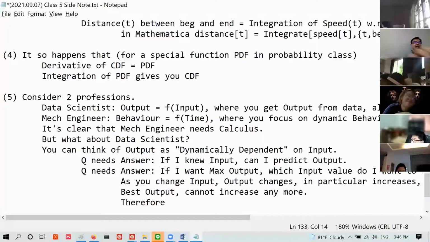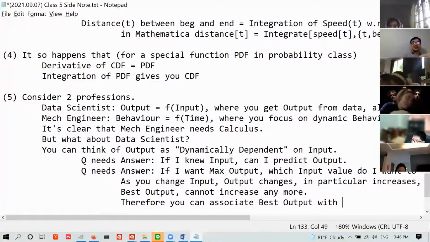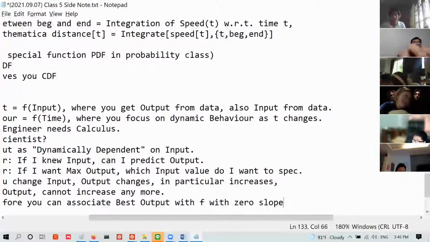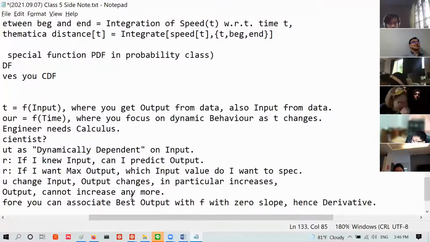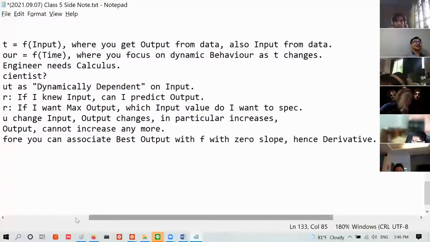Therefore, you can associate best output with F with zero slope. So this is why it comes to you.